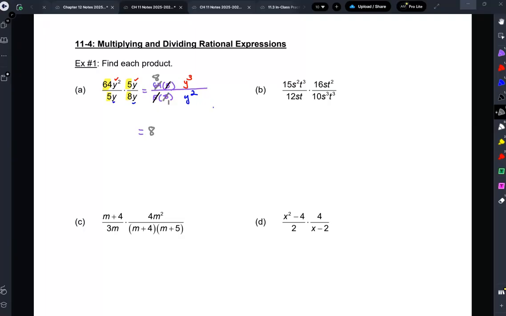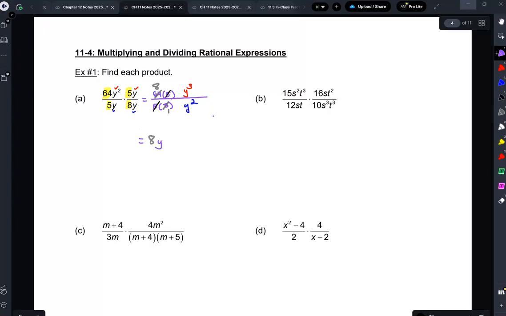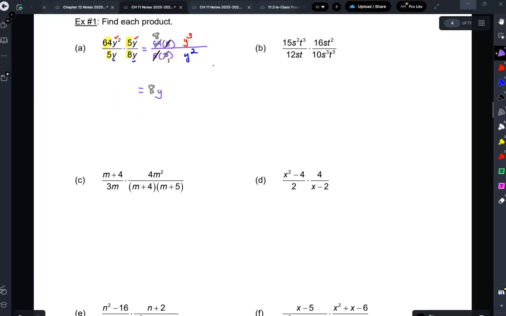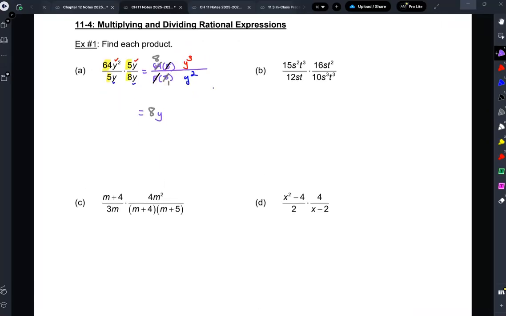And then the y's, I have y cubed over y squared. How many y is that? 1 y in the numerator. All right? So that's how I do that. First, we combine into one fraction, put the coefficients off to the side, do coefficients separately, and then do variables separately.